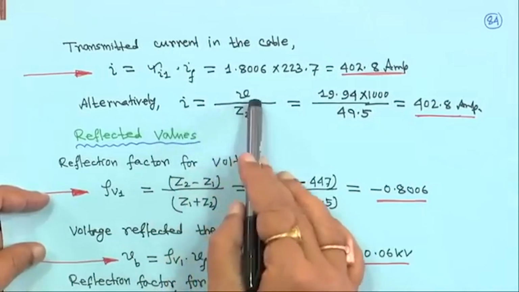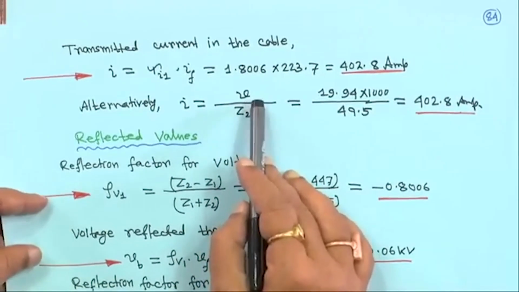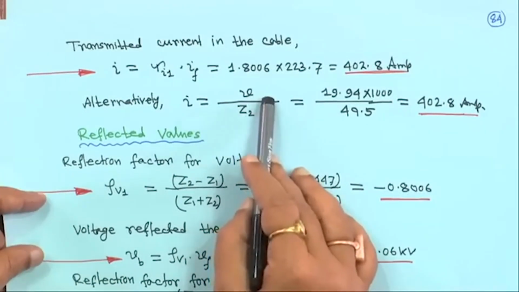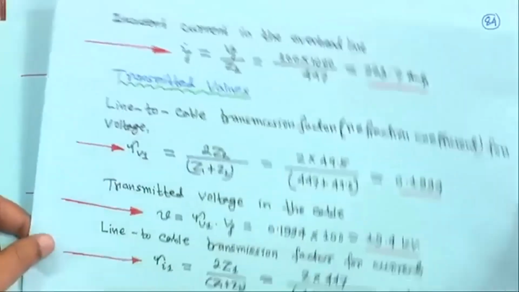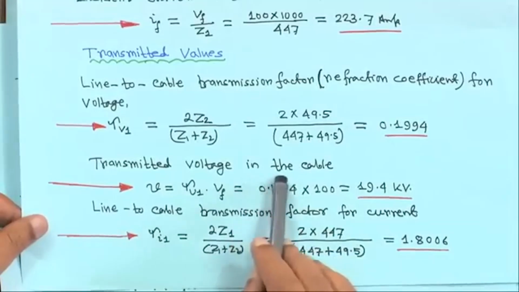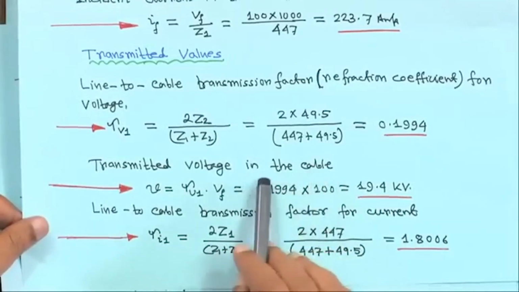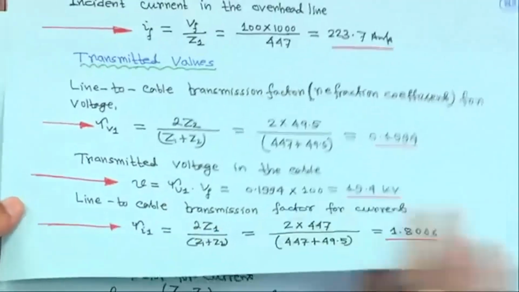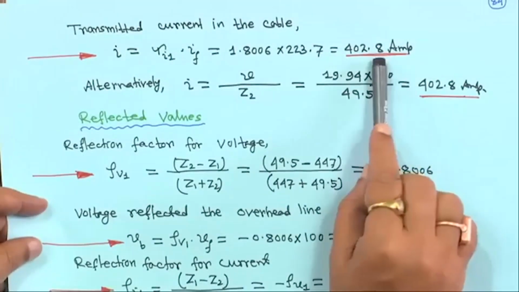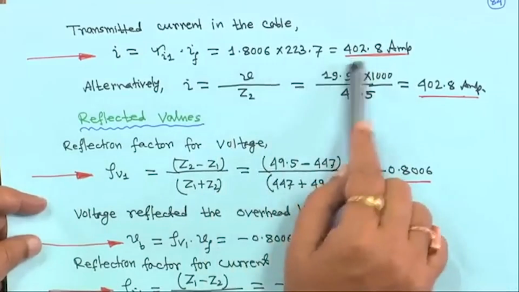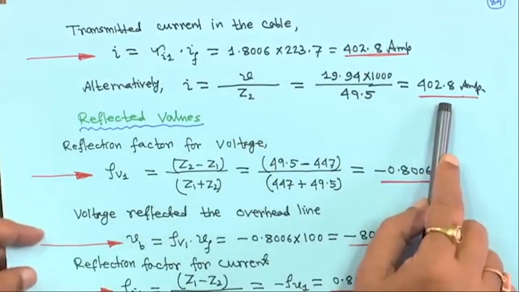Here V is the transmitted or refracted voltage, 19.94 kV, so you will get the same thing either way.